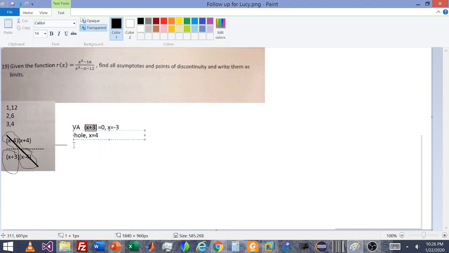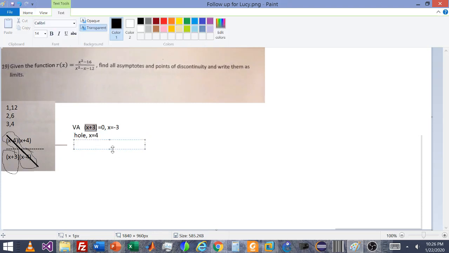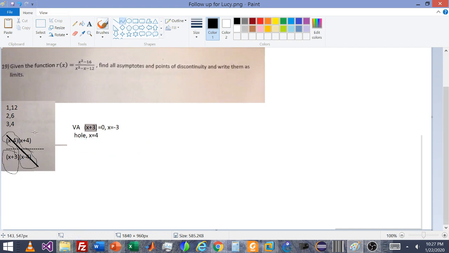And then our horizontal asymptote is where you were having a little bit of difficulty when we discussed this online. The horizontal asymptote will be a division between the remaining terms after dividing out common factors. In this case, the numerator of x plus 4 and the denominator of x plus 3.